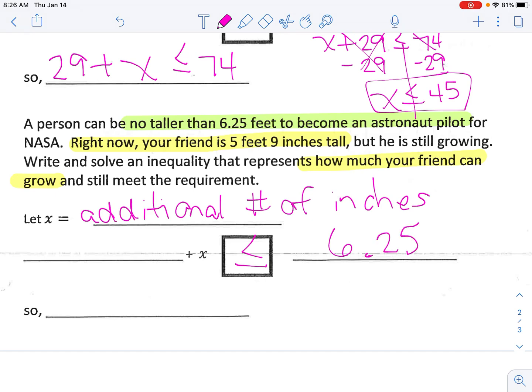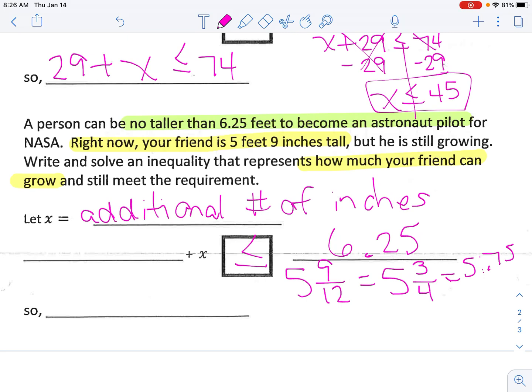So your friend is already 5 feet 9 inches tall. Now I see on the right side we have a decimal, and on the left side that would be a fraction. So I'm going to do a little math problem. I know that there are 12 inches in a foot. So your friend is 5 feet and 9 out of 12 inches tall. That would reduce to 5 3/4, so that would be equal to 5.75.